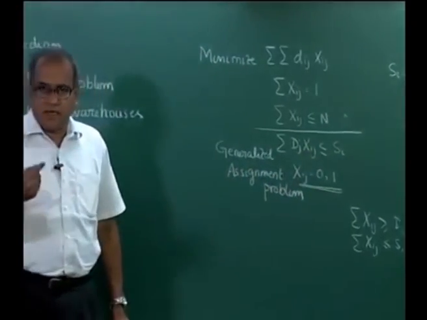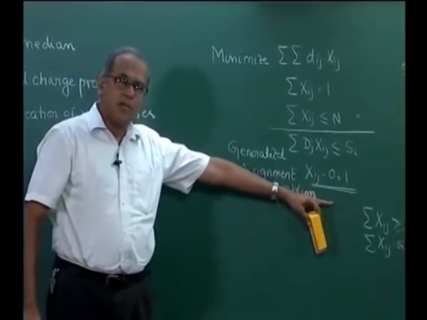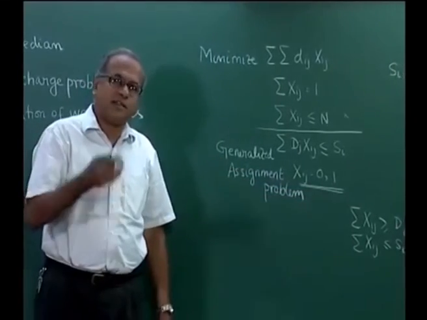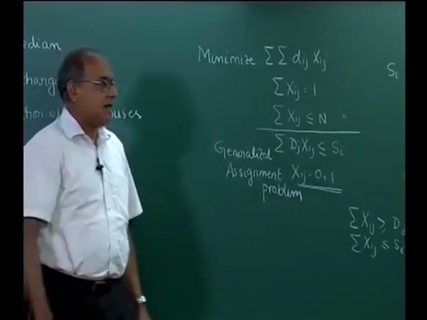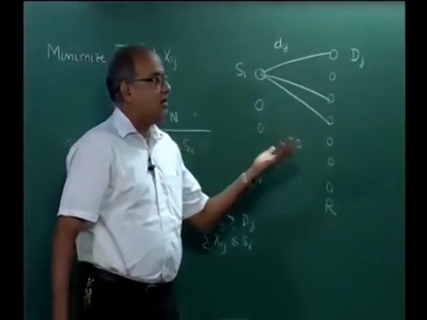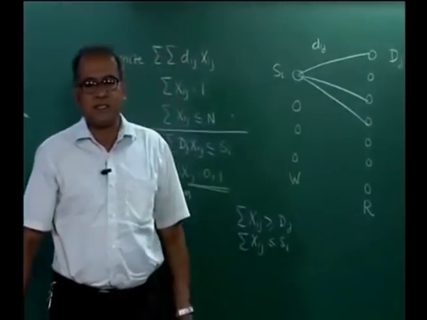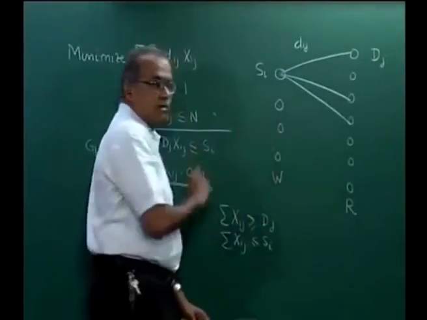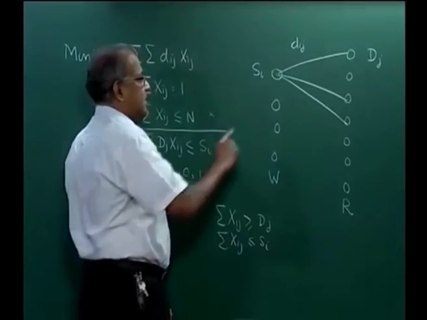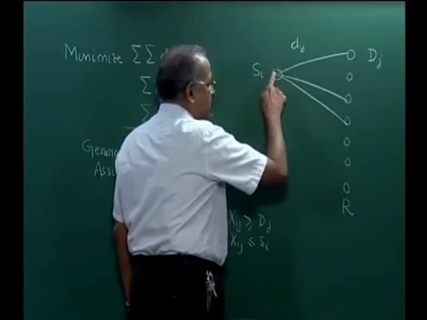Xij is not binary anymore, xij is the amount of demand or quantity that is met from transporting from i to j, and it becomes a straightforward transportation problem. This does not involve dedication. For example, here in model 2 we do not assume that all the demand is going to be met from only one.